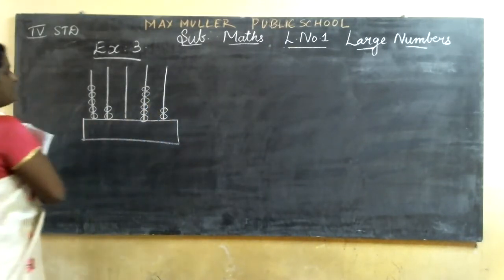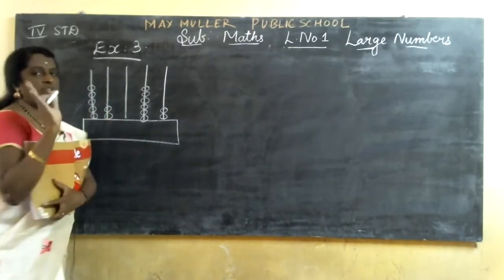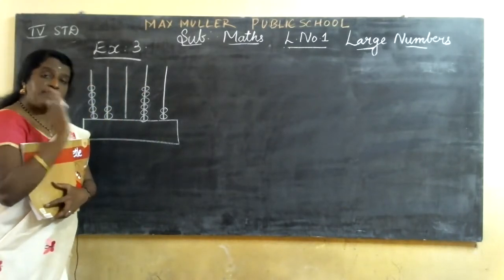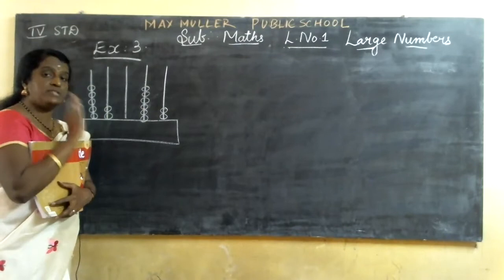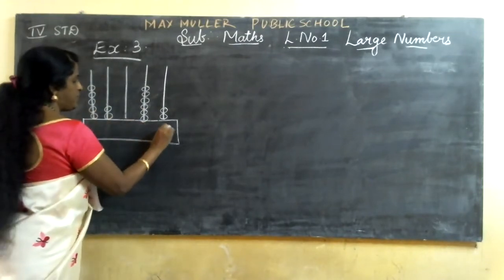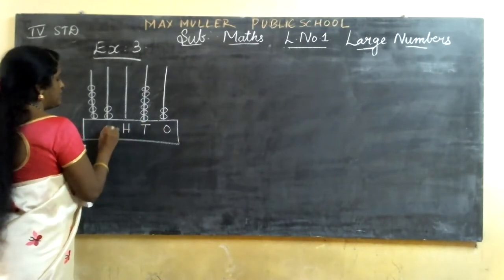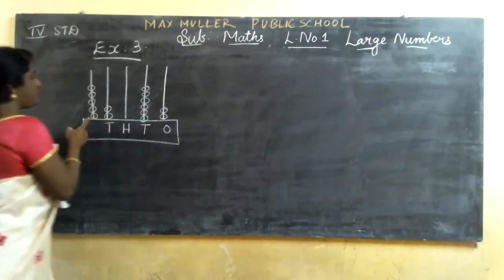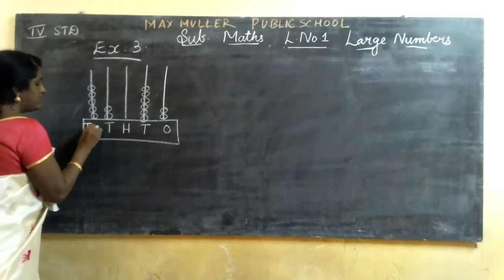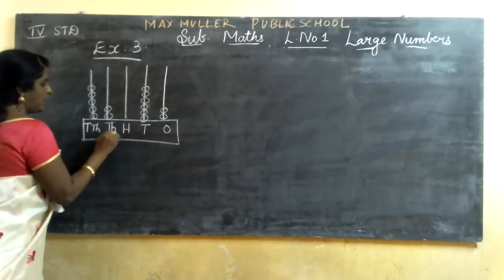I taught you a 4-digit number means thousands. The 5th digit means 10,000. See, this is the ones place, tens place, hundreds place, thousands place. The 5th spike is 10,000.